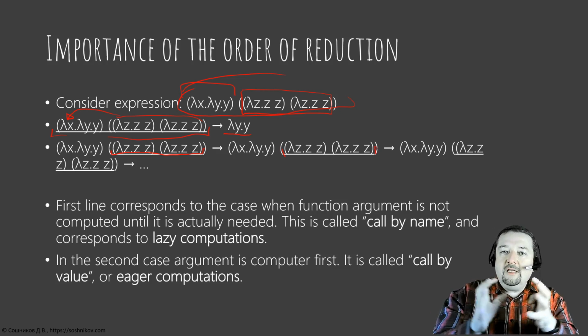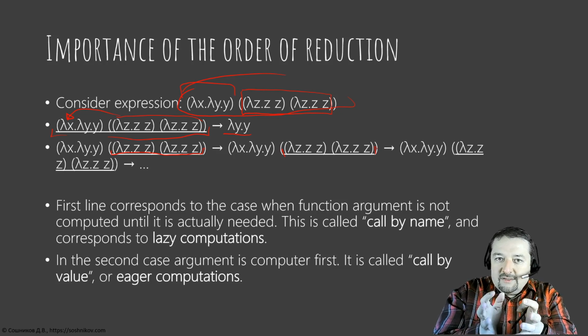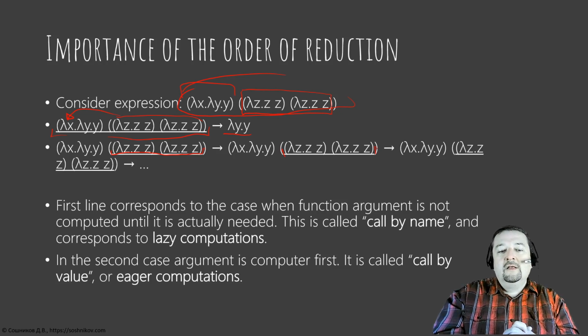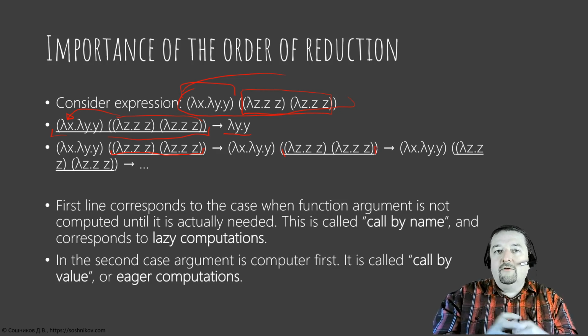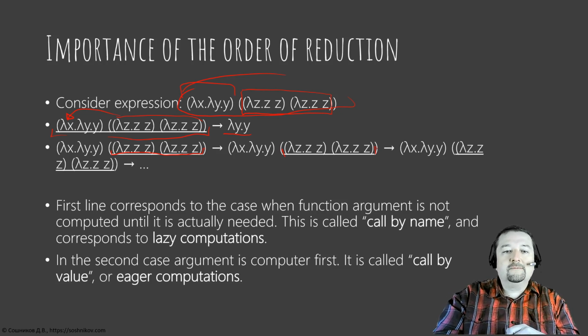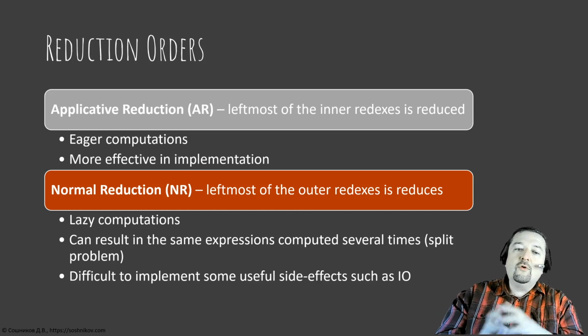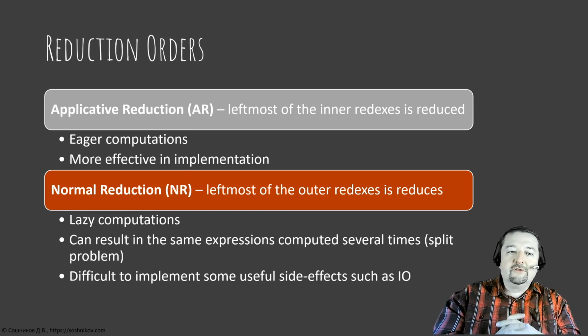If we reduce the innermost redex, if we try to reduce everything which is in the argument of the function, it is called eager computation, or call by value, because we first compute the value of the argument and then pass it to the function. So those are the two most important reduction orders.